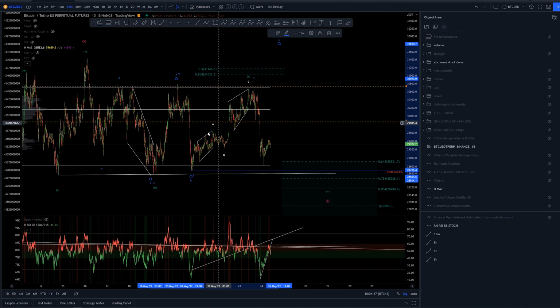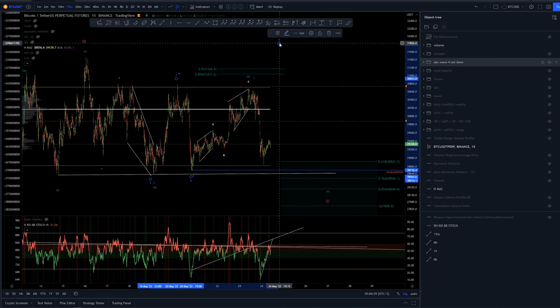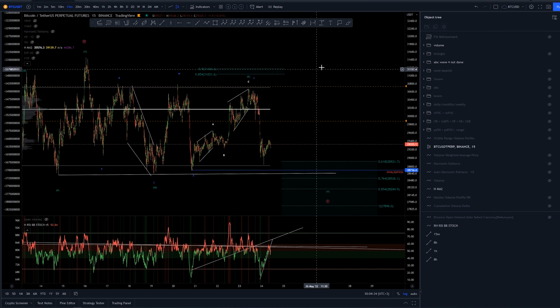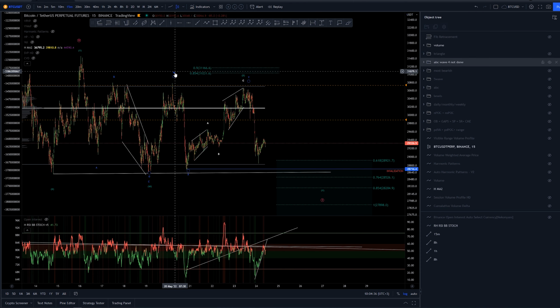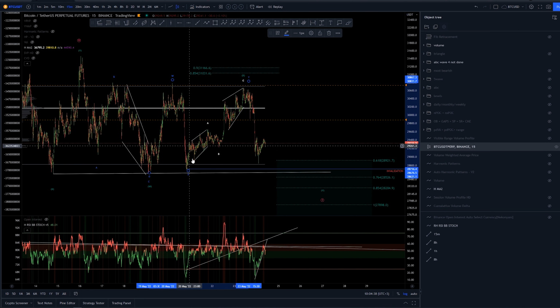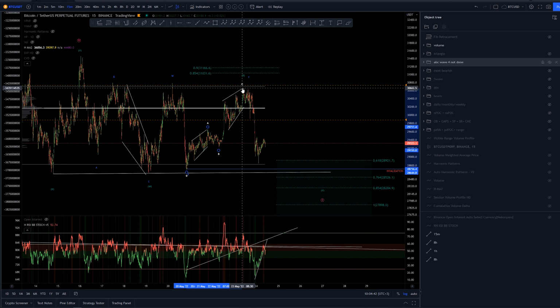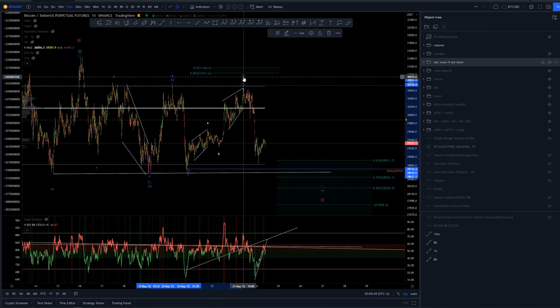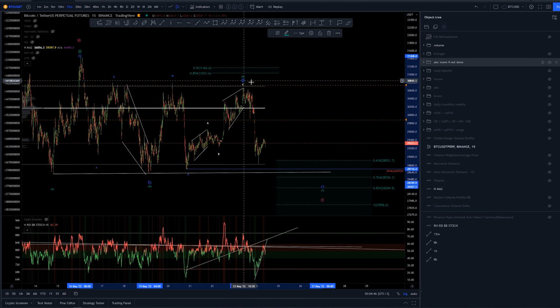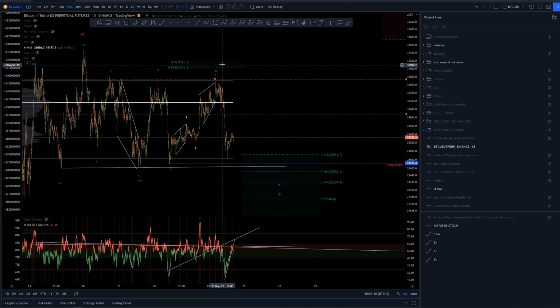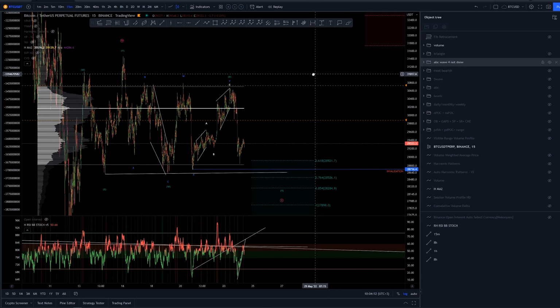Also, we were looking at this possibility as to be the ABC, but again, 3-wave structure here, so it can't be that. So I'm saying that we have a W, X and Y here that ended the X wave of sub-micro up in these levels. For this to be a B wave, we would have needed to come a bit higher, but again, that did not happen.